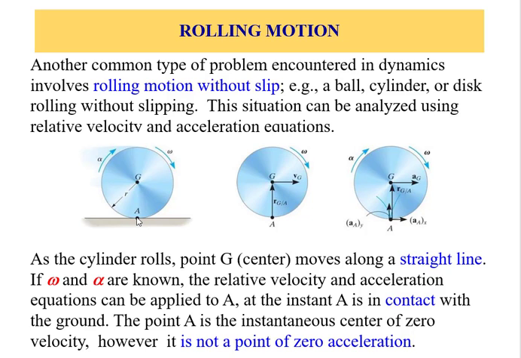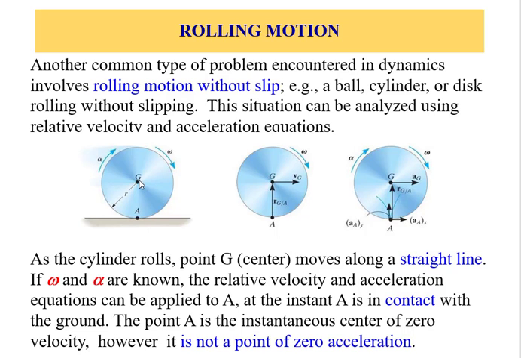However, because this is rolling, we can calculate the velocity of G, and that can be done using relative velocity analysis, motion analysis, or IC, the instantaneous center of zero velocity.